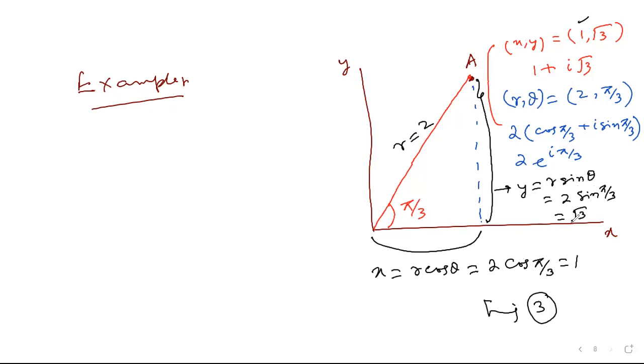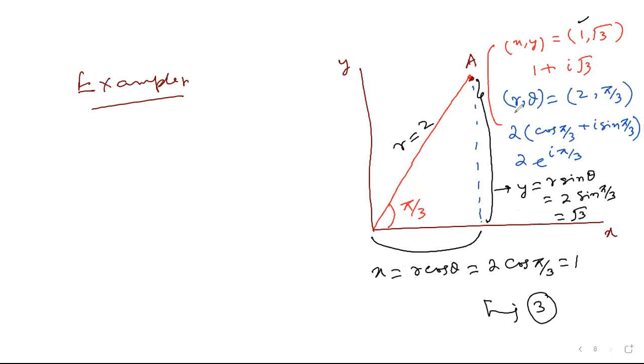So its y coordinate is square root of 3. Its x is 1, as we have calculated it. You can check it. So this point A can be labeled as x comma y, which is 1 comma square root of 3, or we can label it as 1 plus iota square root of 3.